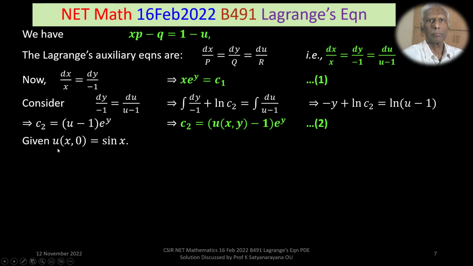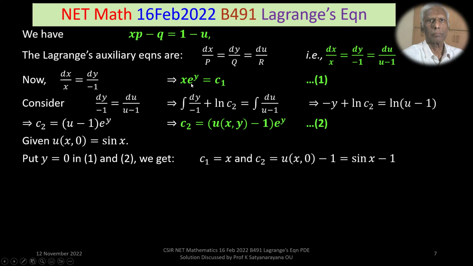We are given u at x comma 0 is equal to sin x, the initial condition, and we put y is equal to 0 in the first equation and the second equation. When you put y is 0 in the first equation, you will get c1 is equal to x e power 0, that e power 0 is 1, so c1 is equal to x. And c2 is equal to u at x comma 0 minus 1, and e power 0 is 1.